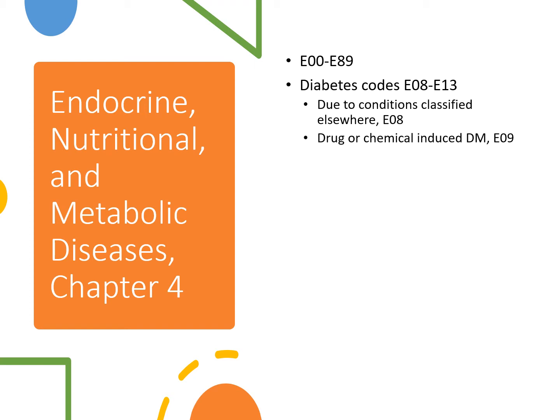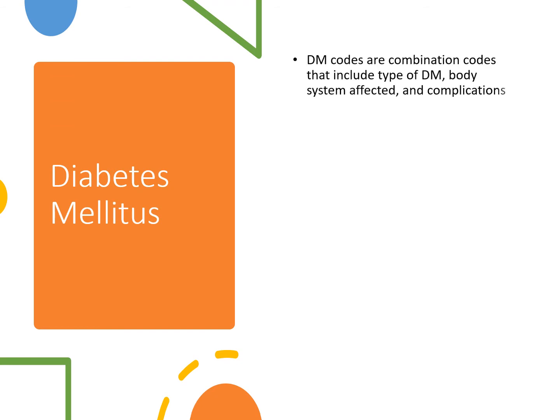If there's a drug-induced diabetes mellitus, we use an E code, E09. We have type 1 diabetes, type 2, and other specified diabetes mellitus. The codes are combination codes that include the type of diabetes mellitus, the body system affected, and the complications.